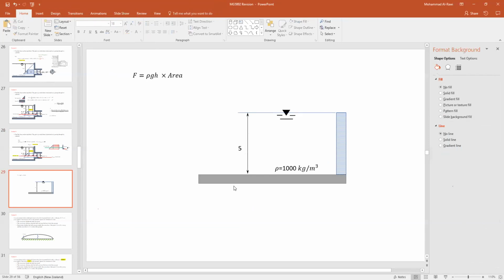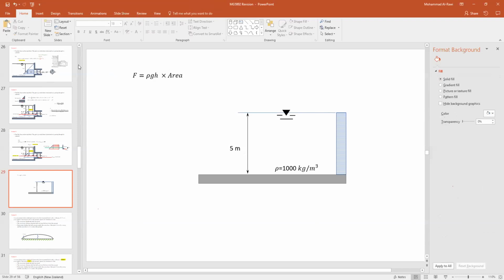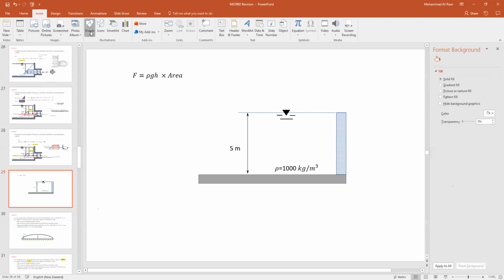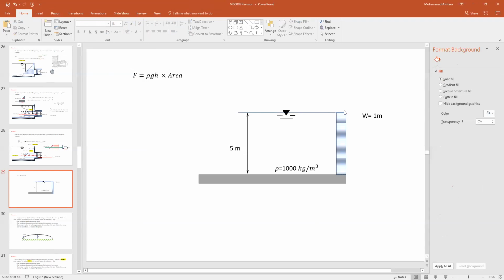Now, we can put the units, 5 meters, and the gate also has a width, whatever the value is, so take it as 1 meter: W equals 1 meter. If I try to find the force on this gate, how can I do that?